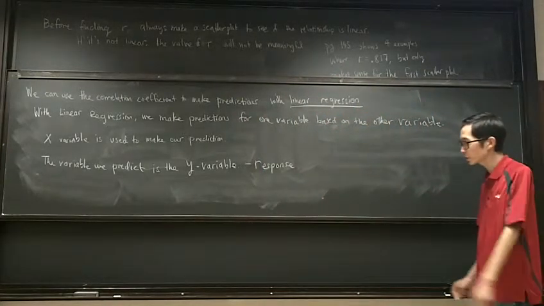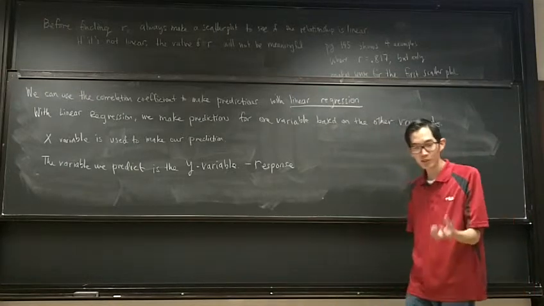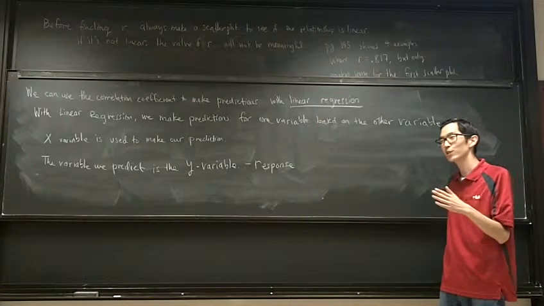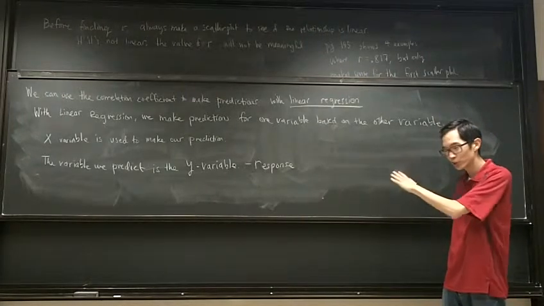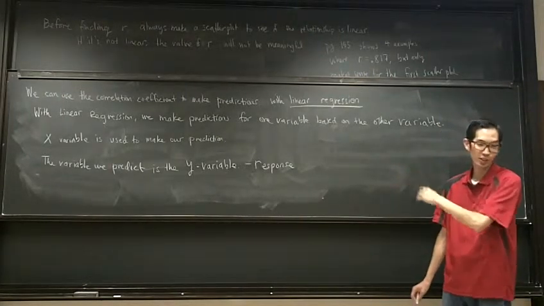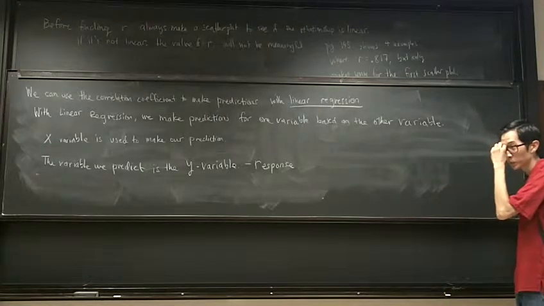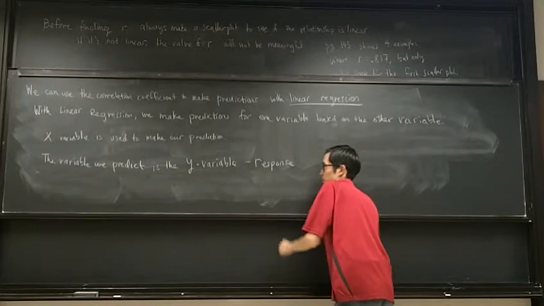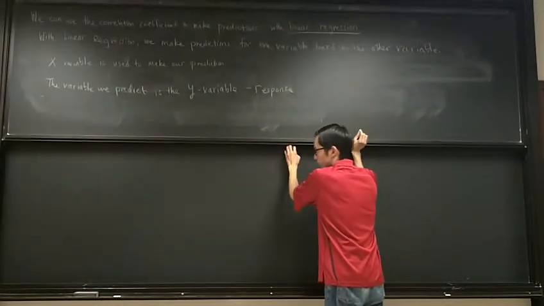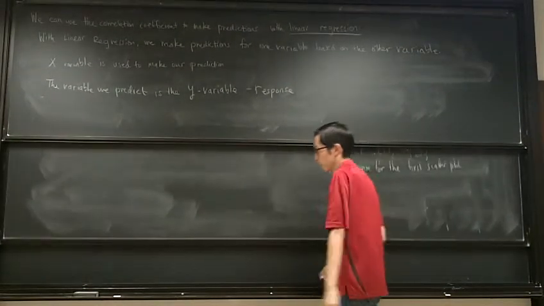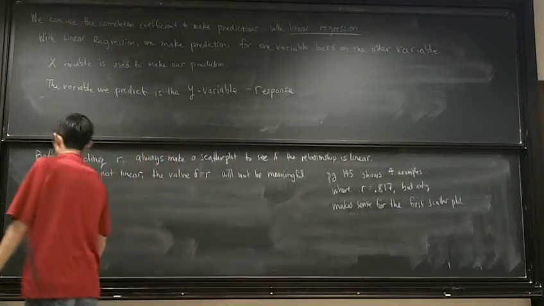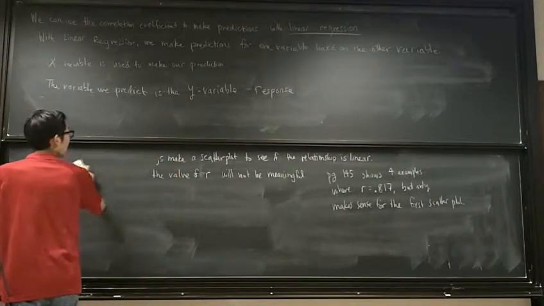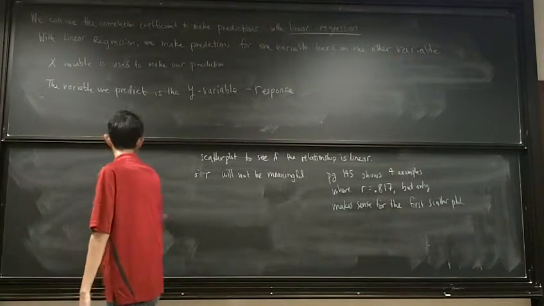So with linear regression, linear means, again, a line. So we're only going to learn how to make predictions for straight line relationships, okay? Excuse me, when you have the response, is that another way of saying the y variable?